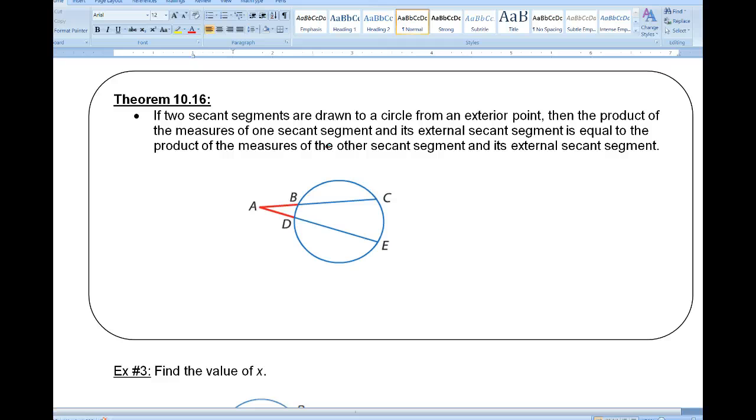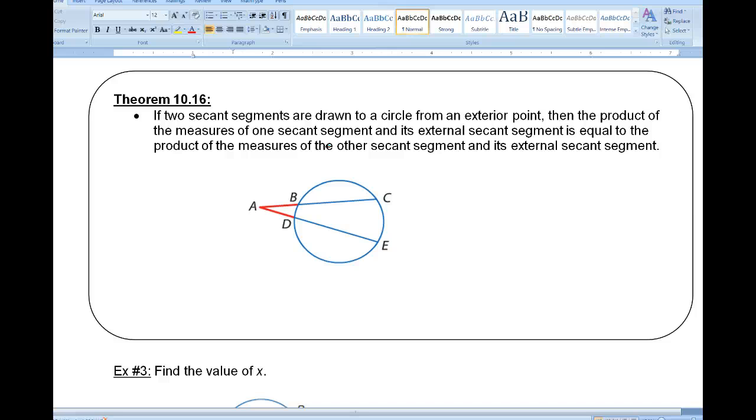Okay, so if we have two secant segments that intersect outside of the circle. Now, we already learned about the angle measures, right? It could be half of the big arc minus the small arc. But now we want to talk about the actual length of the segments. So it sounds really confusing, but it's not that hard. It's just multiplying segments together.